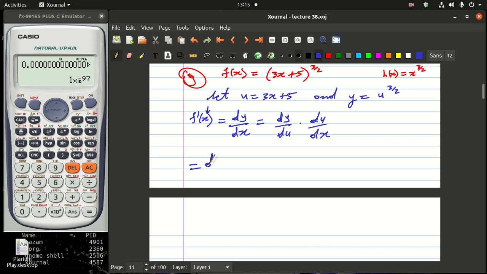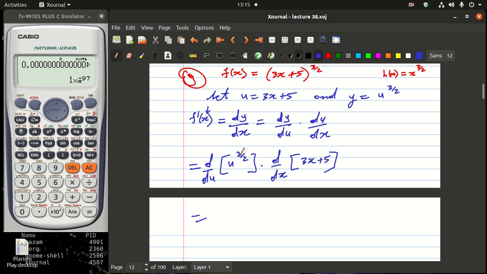Of course, I have dy/du first. My y was actually u raised to 3 over 2, and then times d/dx, and my u was 3x plus 5.